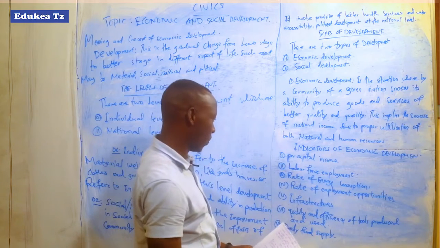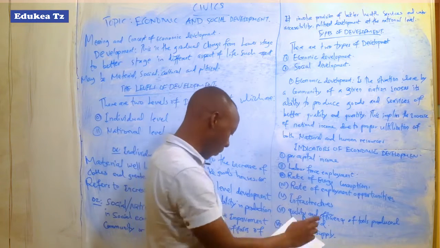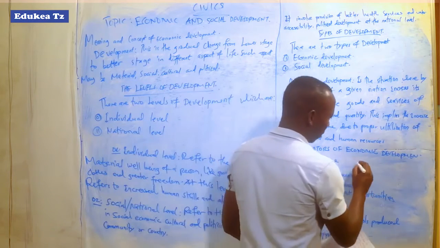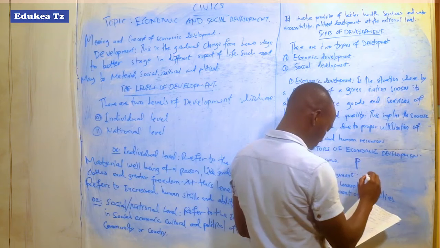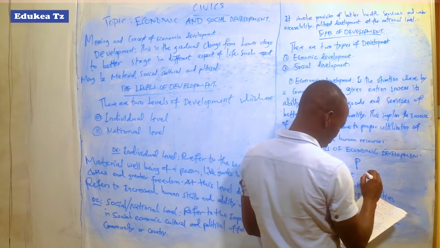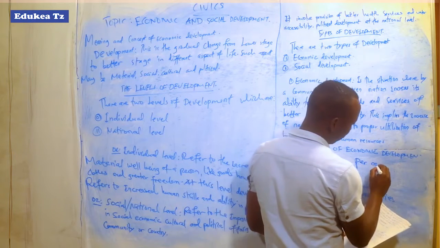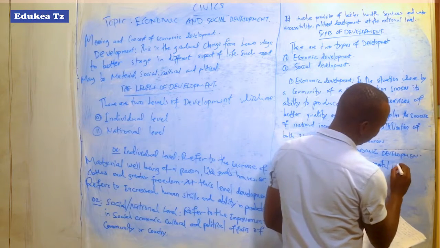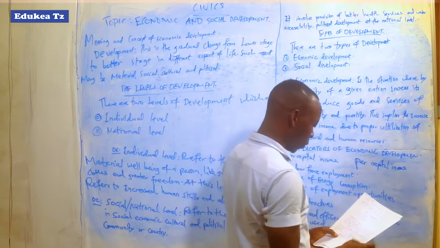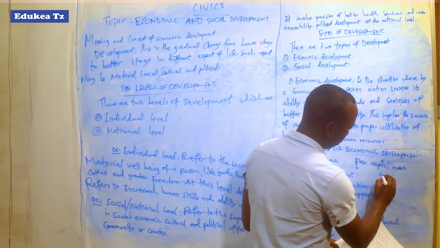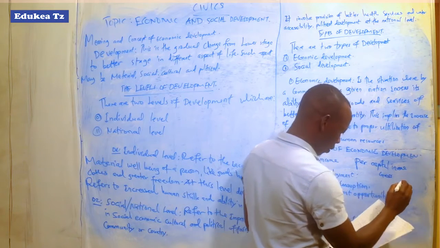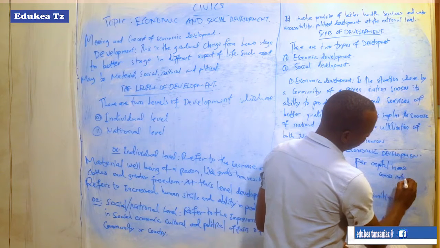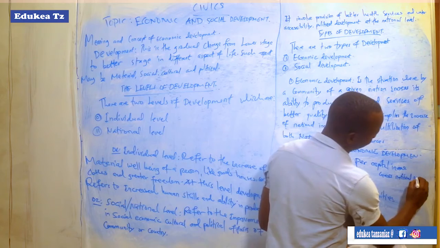That is what we call per capita income. And this per capita income can be calculated through gross national product.